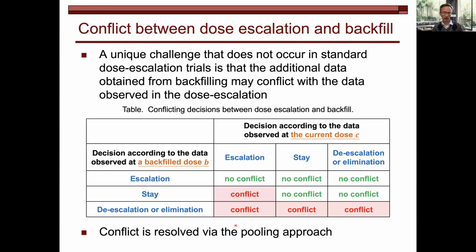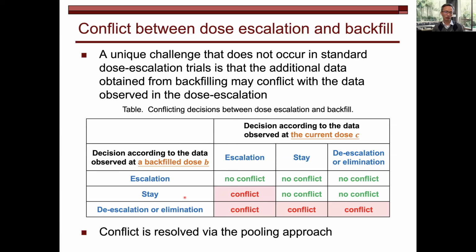So right now, once you have this, you can see where it is consistent and where there is a conflict, because we know the backfill dose is lower than the current dose. That means in general, we expect dose level B should be safer than dose level C. So in other words, those lower diagonal cells mean the conflict.